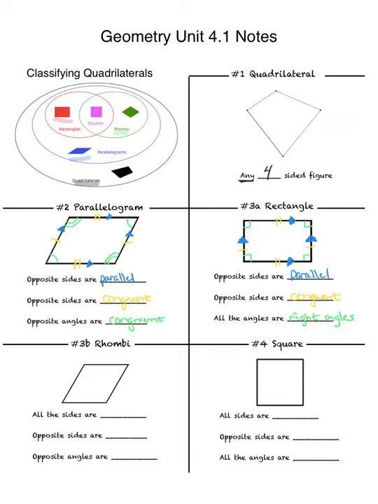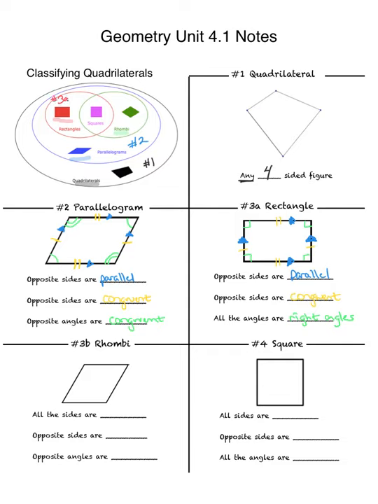Now let's talk about a rhombus, because remember, if you look back up at our drawing, rectangles are in red, rhombi are in green. So we're going from the big circle, which is quadrilaterals, circle number one. Then we're going to number two, parallelograms. Then we're going to 3A.